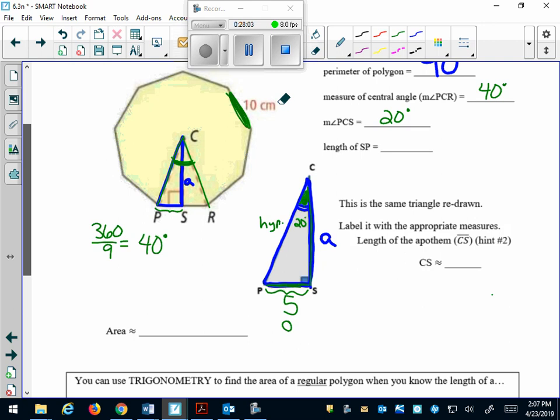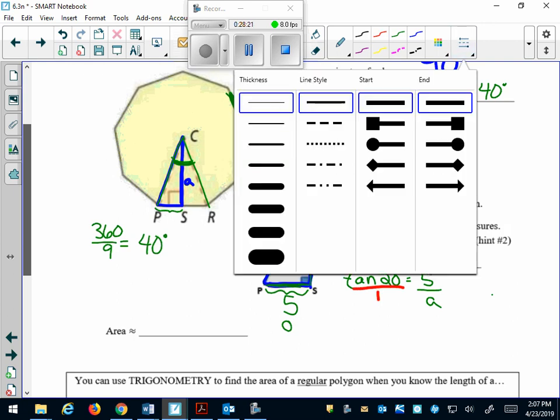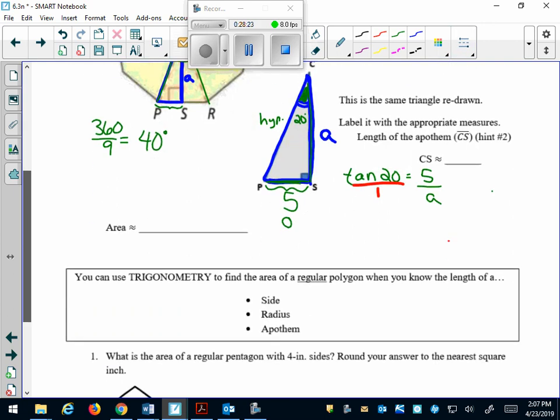So what are we going to use? Sine, cosine, or tangent? Tangent, right. Tangent of 20 degrees equals opposite 5 over adjacent A. Remember, we're going to put this over 1. We're going to cross multiply. We're going to solve. A times tan 20 equals 5.